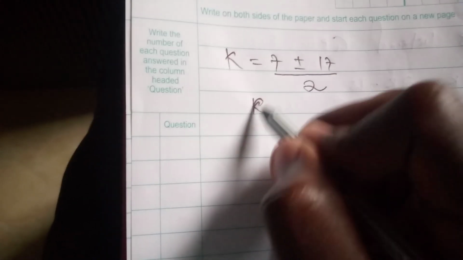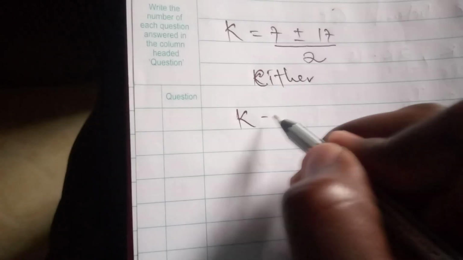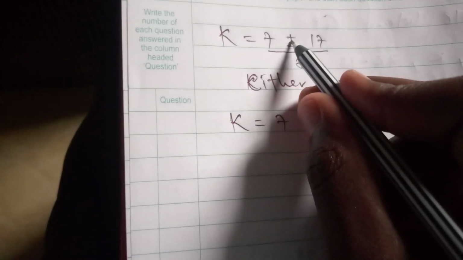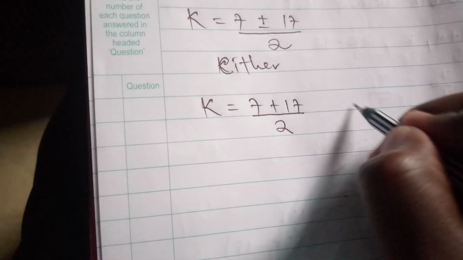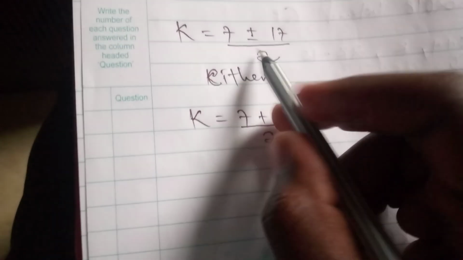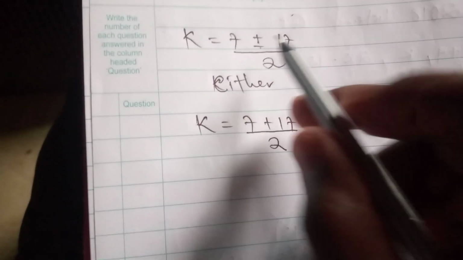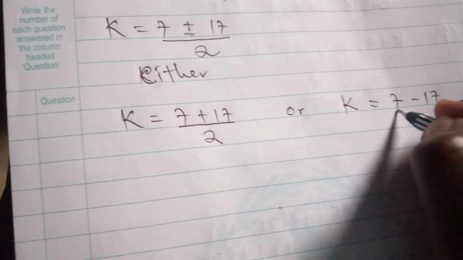So you are going to write k, I mean a there, that k is equal to 7 plus that positive 17 over 2, or k is equal to 7 minus 17 over 2.